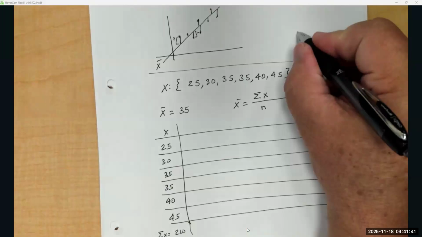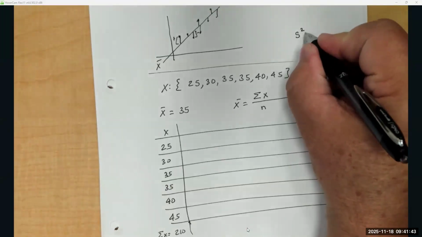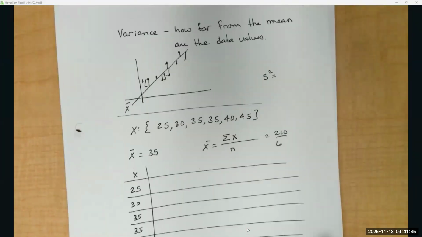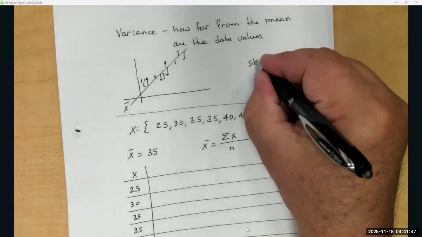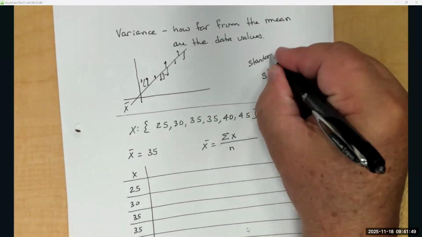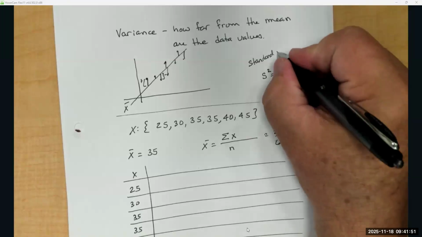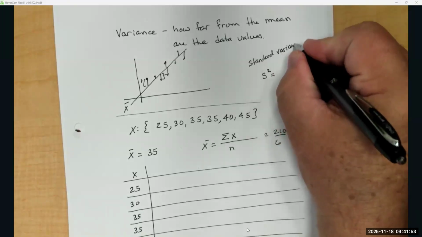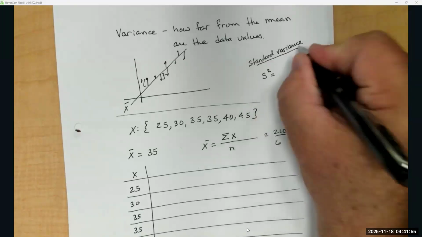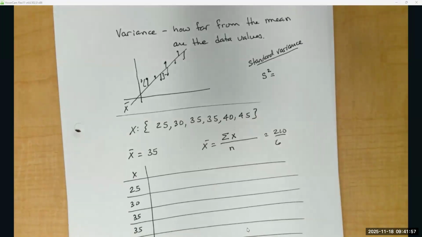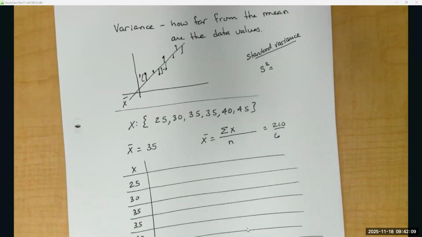To find the standard variance. Standard means that it's uniform throughout the entire data set. We're looking at how each of these varies from the mean, from the individual points.